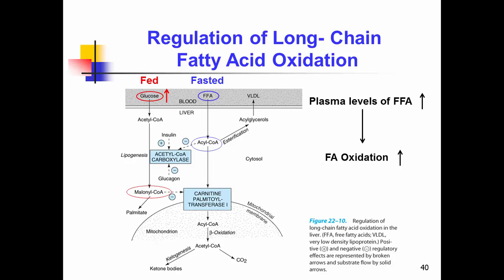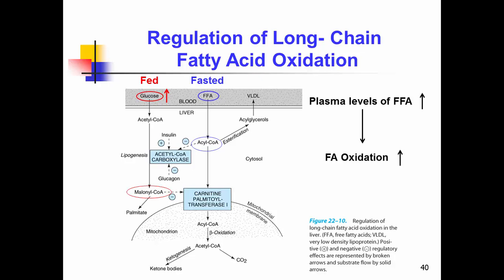And if you still remember, under the fed condition, glucose can be converted to fatty acids, right? This process is called lipogenesis. Remember this is the first key reaction of lipogenesis. So acetyl-CoA is converted to malonyl-CoA by the key enzyme complex, remember, ACC, acetyl-CoA carboxylase complex.